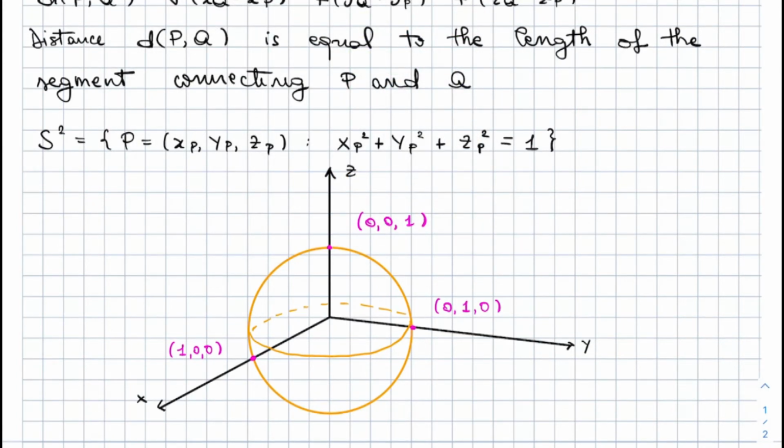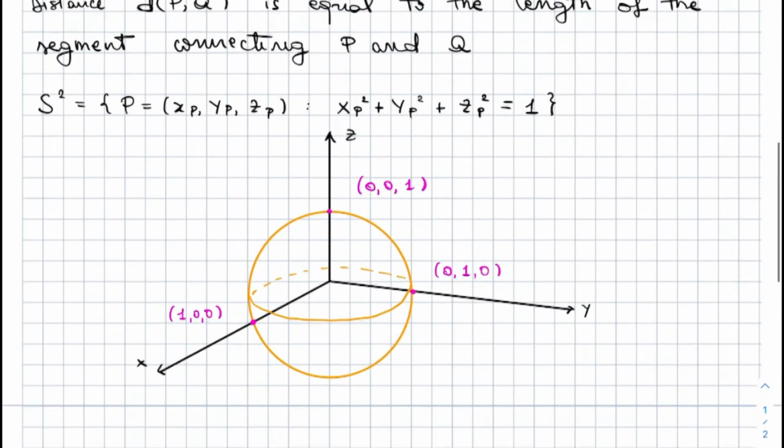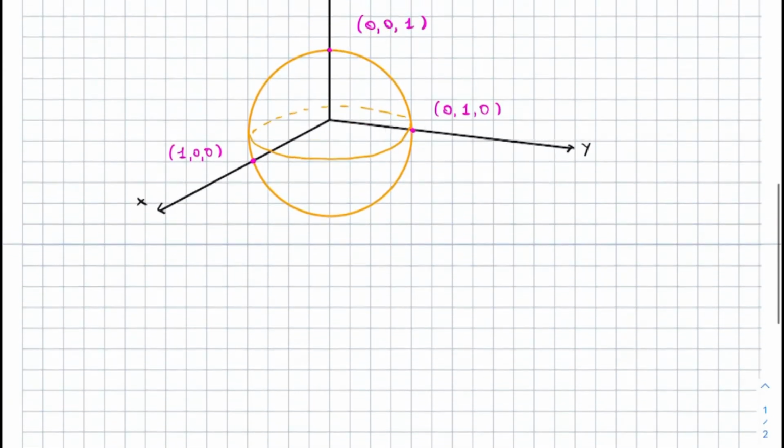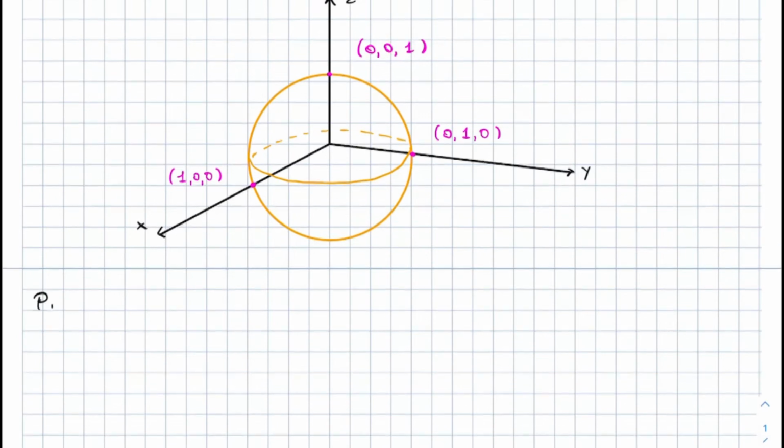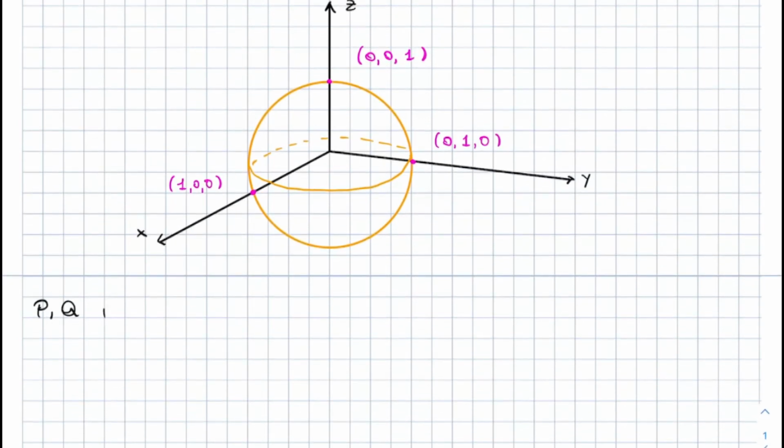What we want to do is to define a distance on the sphere, and the way we do this is the following. If P and Q are points in the sphere, then we say that the distance on the sphere between the points P and Q is equal to the standard distance between P and Q as points in R3.